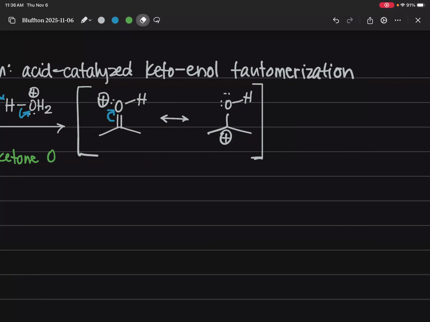And now it's also important to note that we have an alpha hydrogen. So on that carbon, there's a hydrogen. Actually, there's three, so I should maybe draw those out.